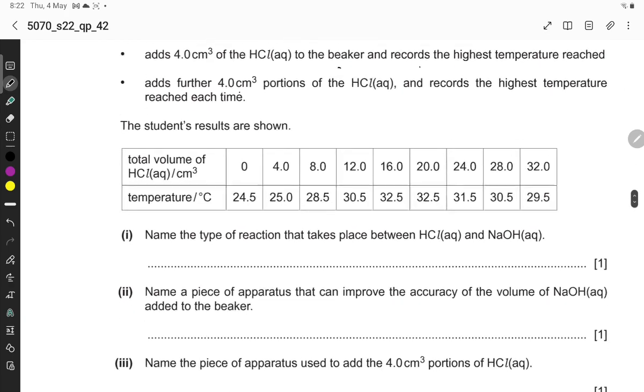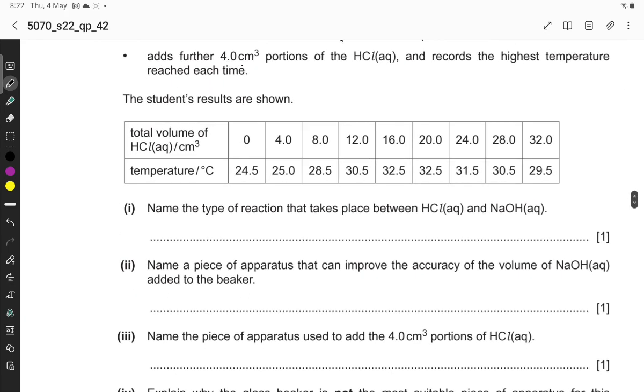Name the type of reaction that takes place between HCl and sodium hydroxide. This is neutralization.